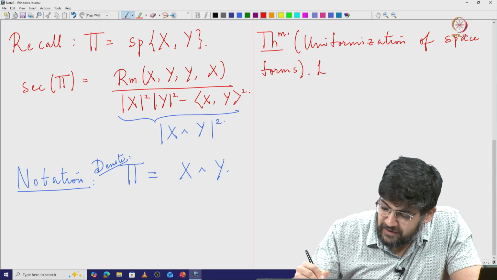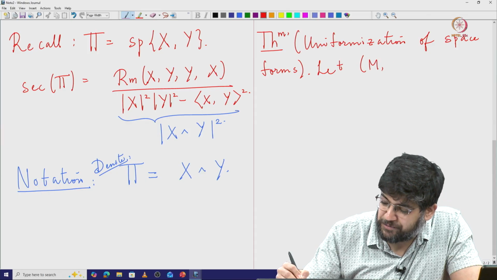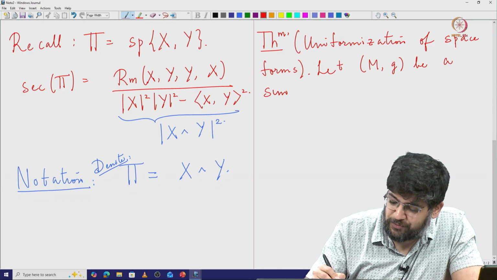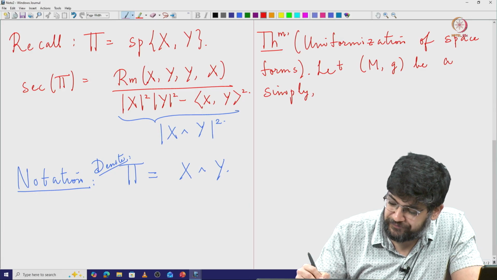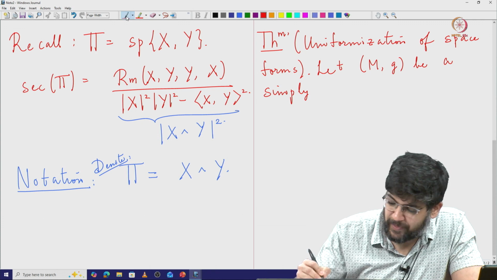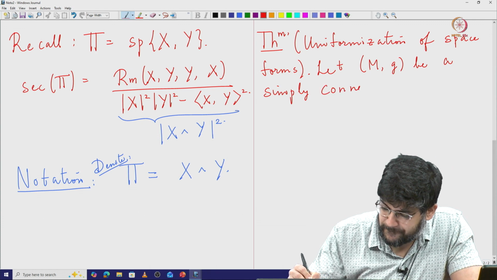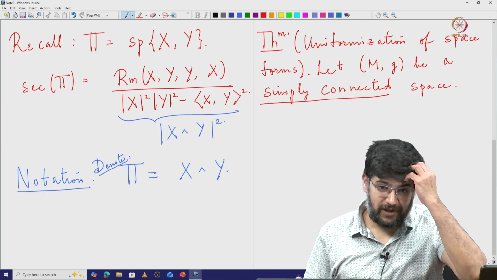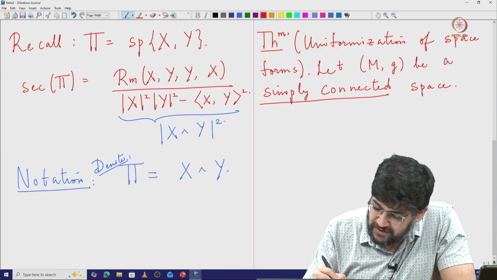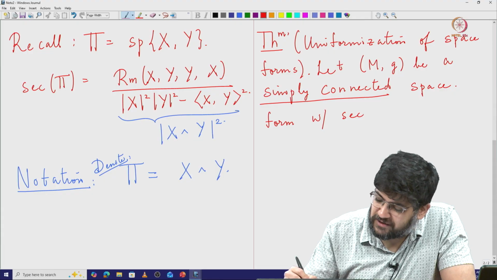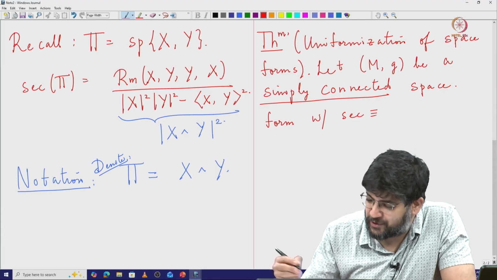So let Mg be a simply connected space form, if you remember, that just means that the fundamental group is trivial, with, let us say, the sectional curvature, that is a constant because it is a space form.